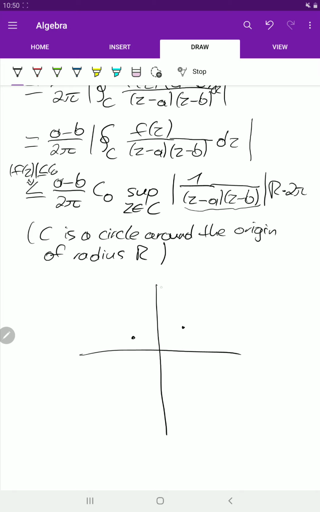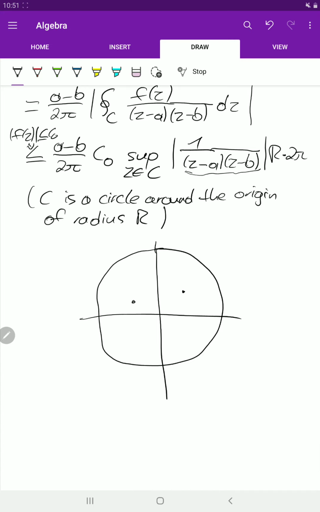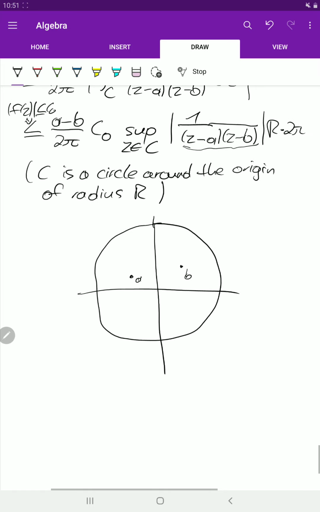And now if we draw the circle large enough, then we get that the distance of this point a from the circle is at least r over 2. So let me write it.